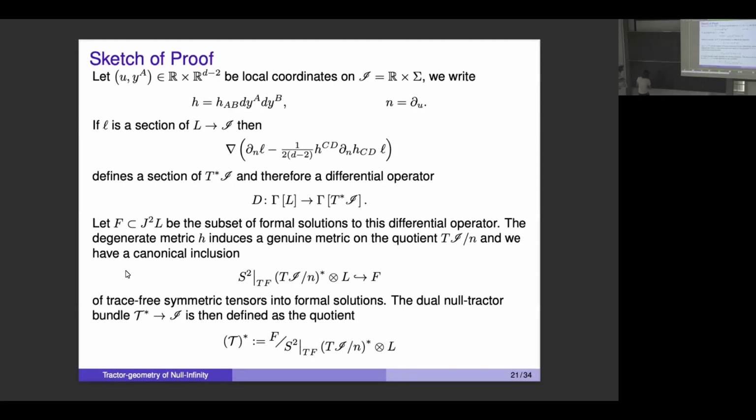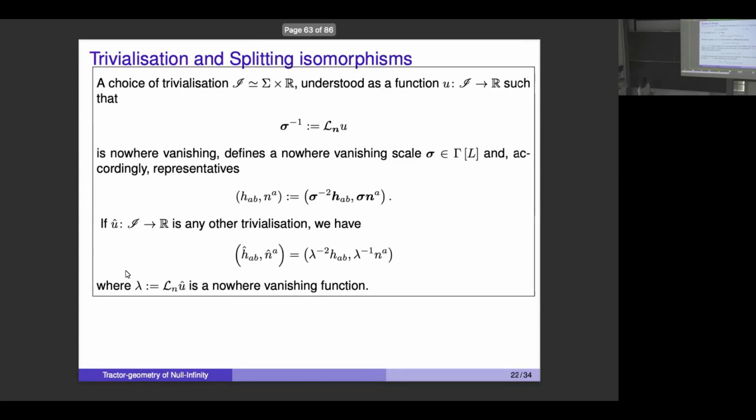So we consider those which are trace-free symmetric, inject them into this formal solution, and then quotient by this trace-free symmetric tensor. Morally speaking, all you're left with is the pure trace part of these derivatives, which is just one number, and then you have the right dimension to be a dual tractor bundle. This exists. This is what you want to call the dual null tractor bundle.